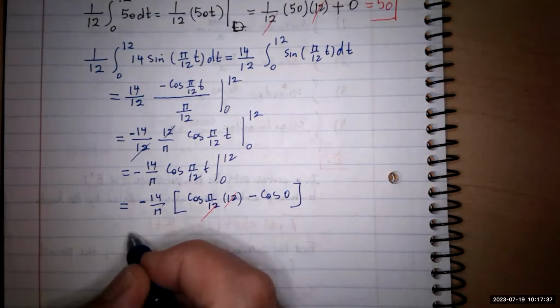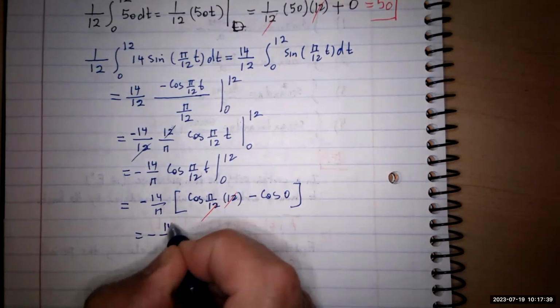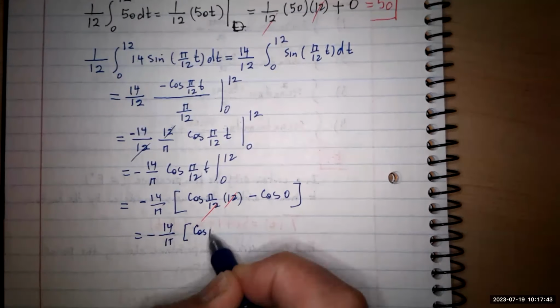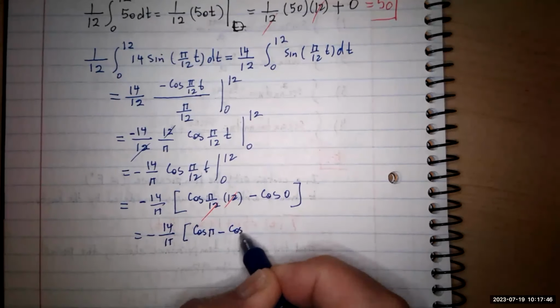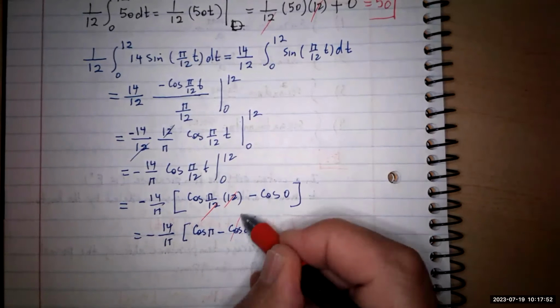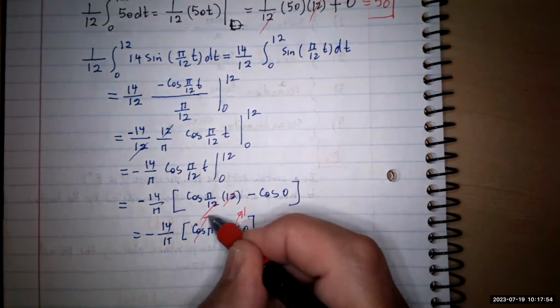You do cosine of pi. So it's negative 14/pi times cosine of pi minus cosine of 0. Cosine of 0 is 1. Cosine of pi is negative 1.